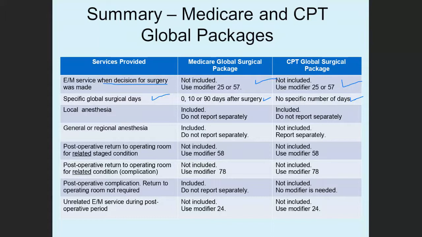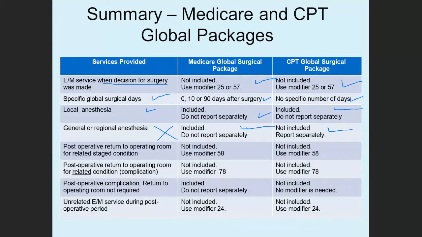It just says typical post-operative care, but doesn't give a specific number of days, 90 days, 0 days, 10 days, whichever. Local anesthesia is included in both. General or regional anesthesia, this is one of the ways that it varies. This is not included under CPT, but is included under Medicare. So this is one that's different.